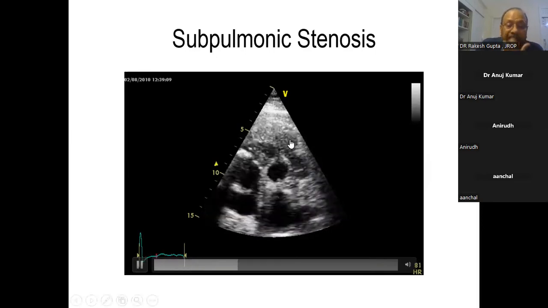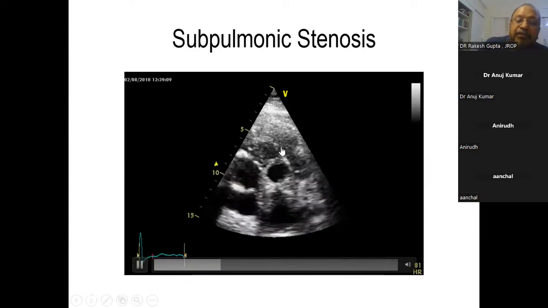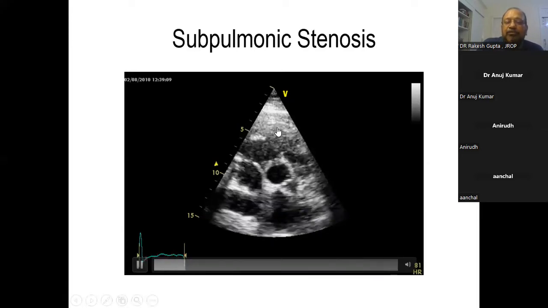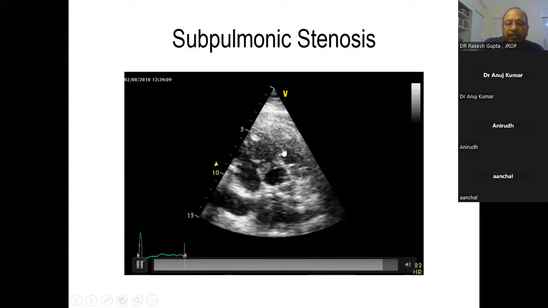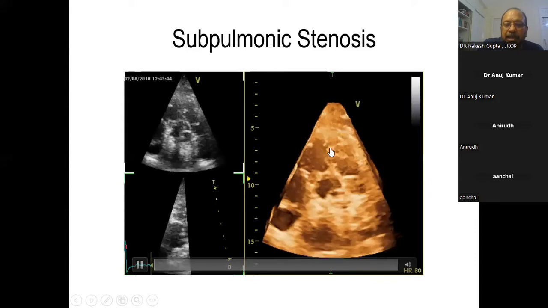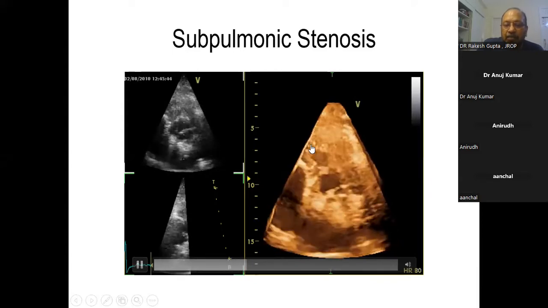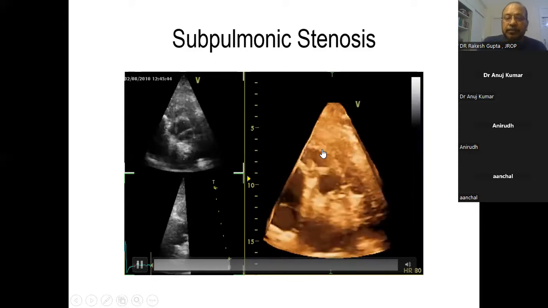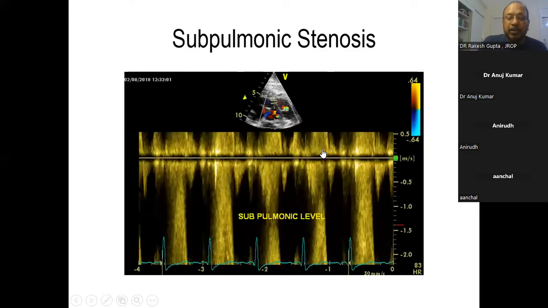There we call it LVOT, and here we call it RVOT. Look, here is a mass, a muscular band at the level of the RVOT, producing a subvalvular stenosis. If I switch on the 3-dimensional picture, you can see the muscular band better in the subpulmonic area, in the RVOT.